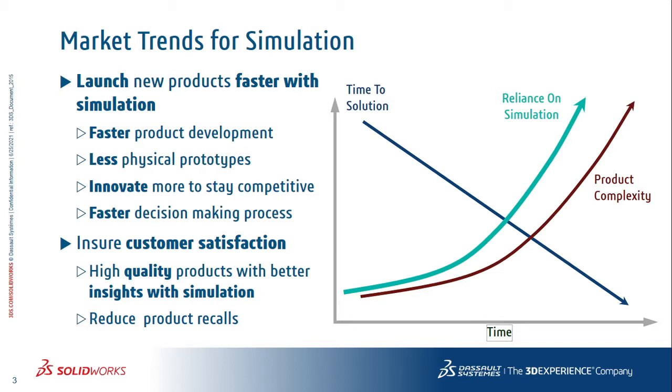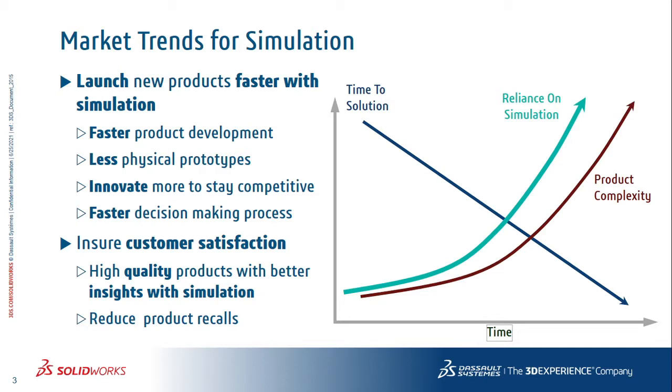Market trends for simulation. The market trends have never been stronger than before for simulation. It has been proven by broad design, engineering and manufacturing industries that simulation helps launching new products to the market faster.